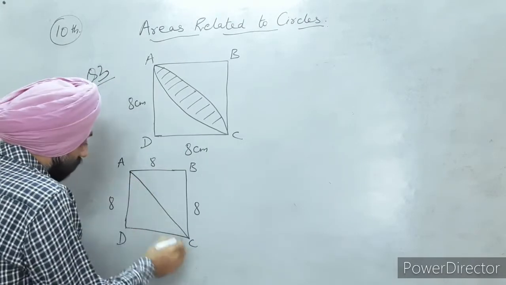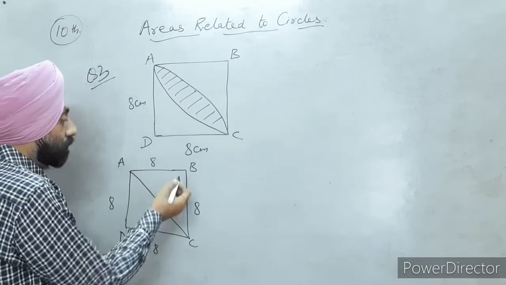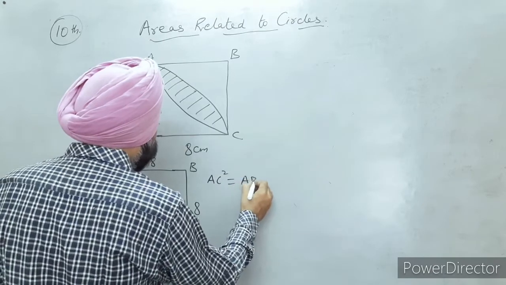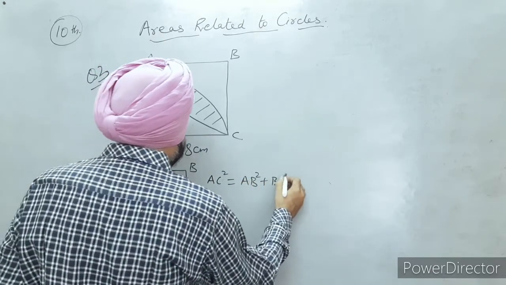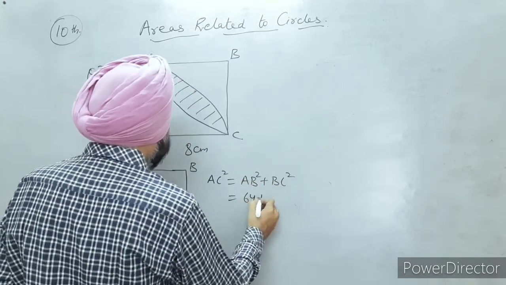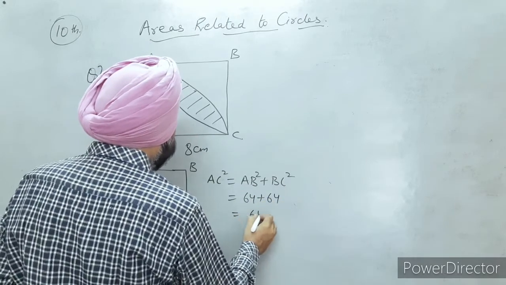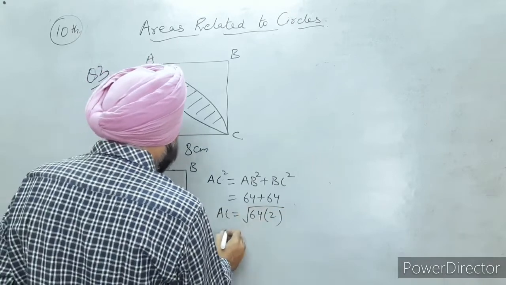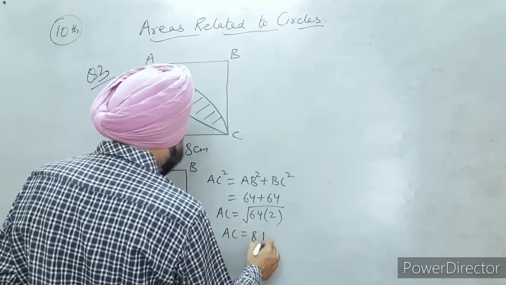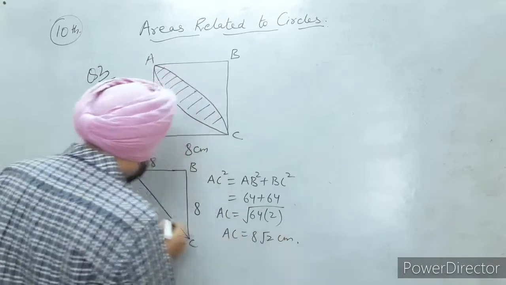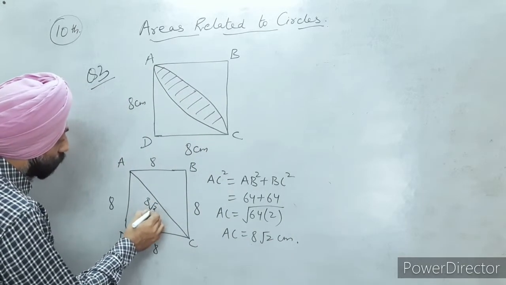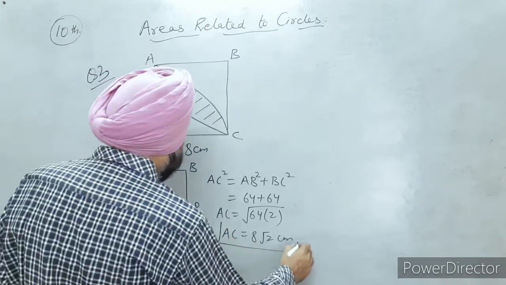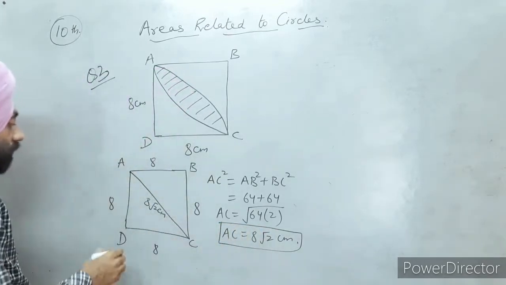Now, if I want to find AC, I will use Pythagoras: AC square equals AB square plus BC square. It becomes 64 plus 64, that is 64 into 2. AC is under root of it, or AC is 8 under root 2 centimeter. Right?